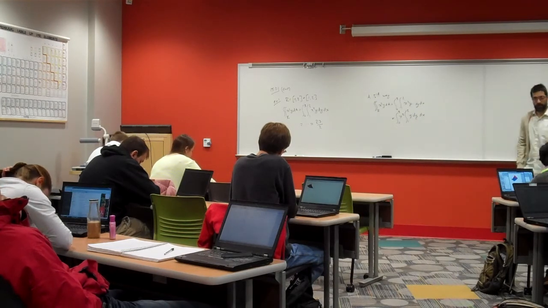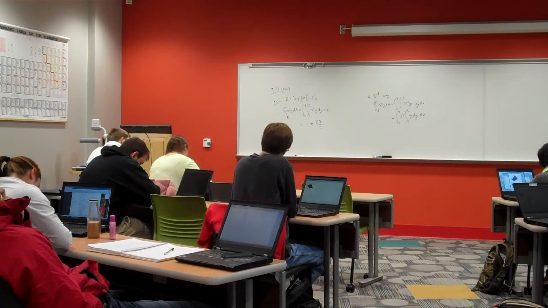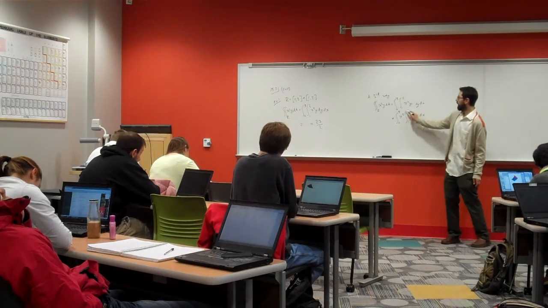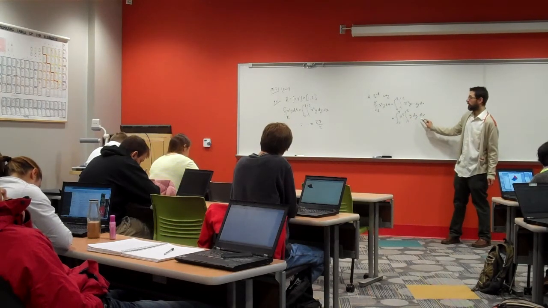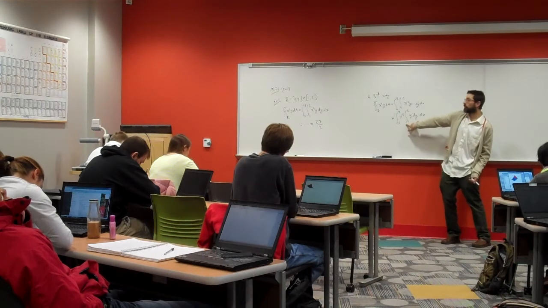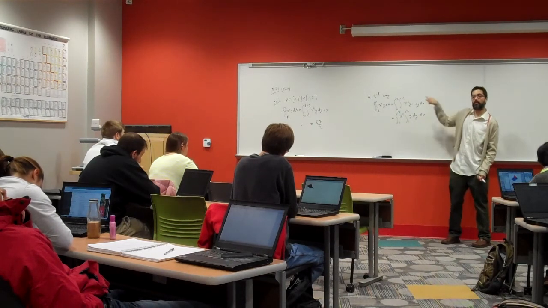So that looks a little strange, but what this means is that I can do this now as my inside integral, and whatever I get from this multiplies onto x squared, and then I have my outside integral.